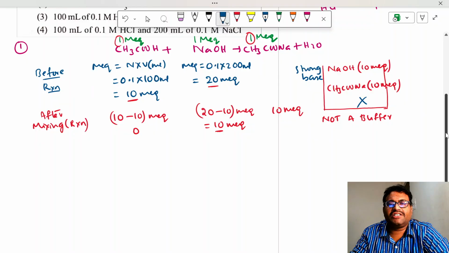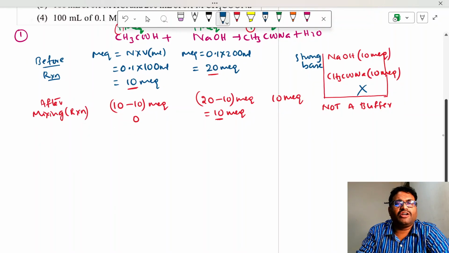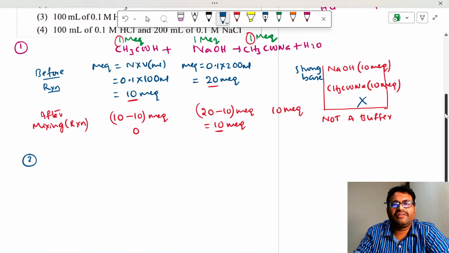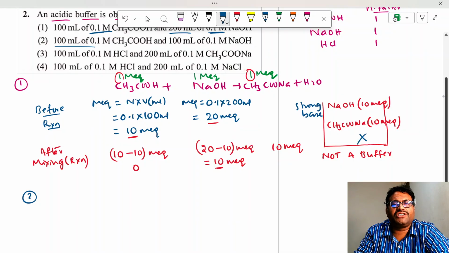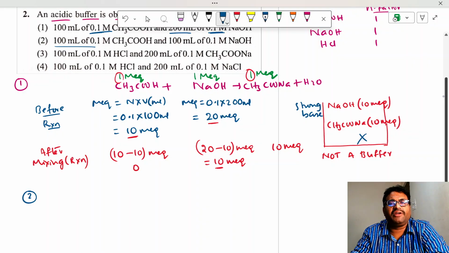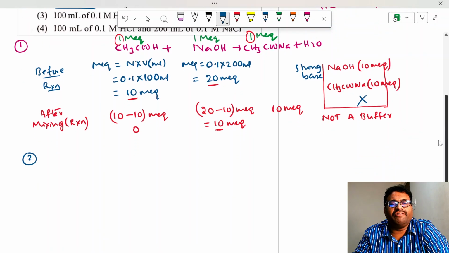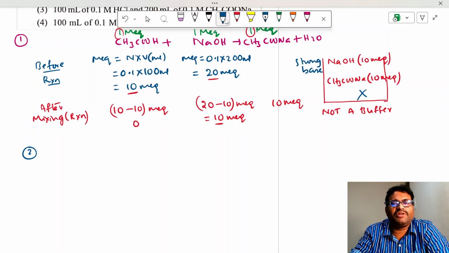Okay, so let us go with the second option. So what is the second option? Again, 100 ml of 0.1 N CH3COOH and 100 ml of 0.1 N NaOH are given. So let us write the similar equation.